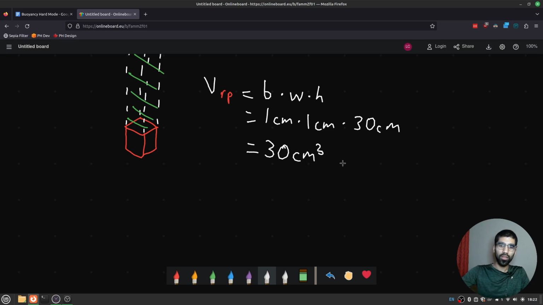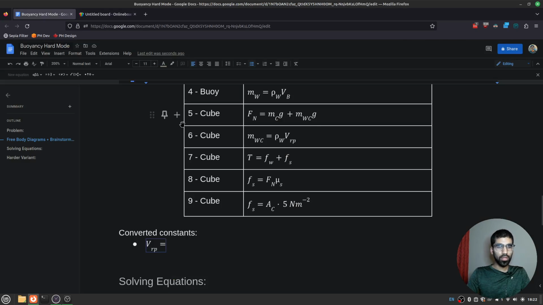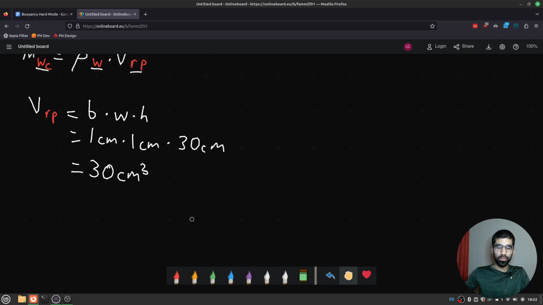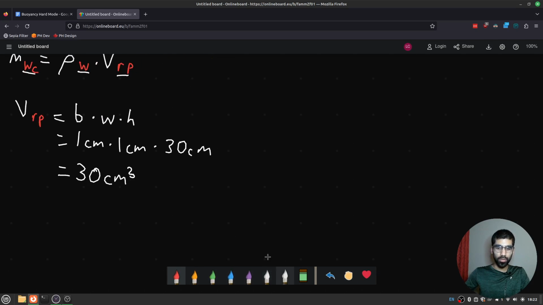Let's fix that. So it's gonna be 30 cubic centimeters, but we want it in cubic meters. So I'm just gonna write it out here. Every time that I would have had a centimeter, I'm gonna write it in terms of meters, and that will help me get an answer in cubic meters.